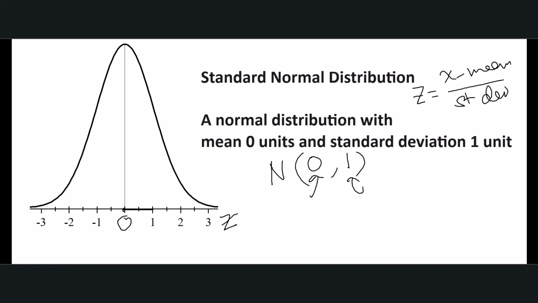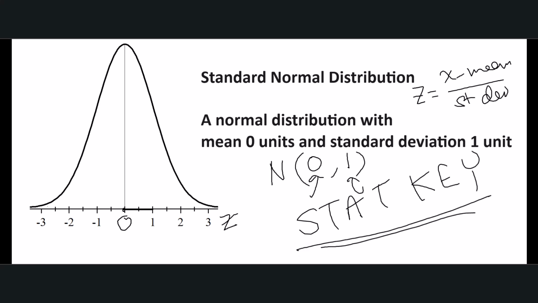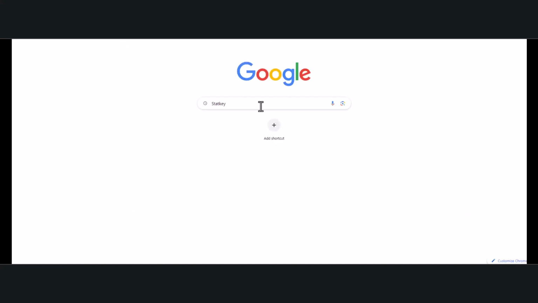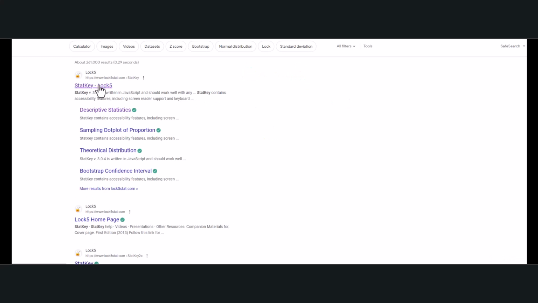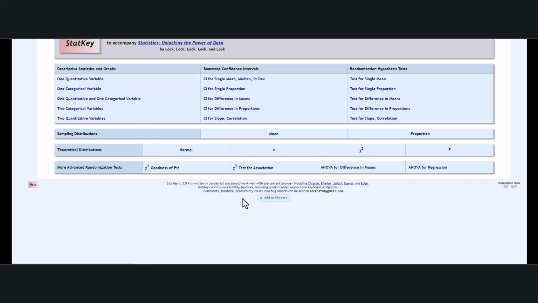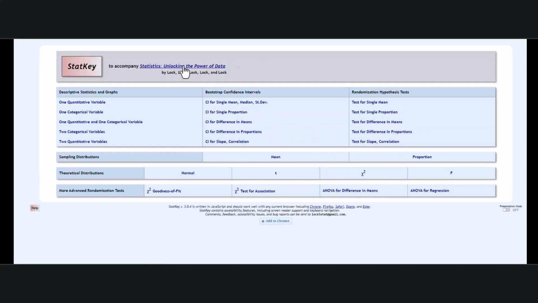Now we are going to do our normal curve area calculations by using this web-based free software called STATKEY. One way to obtain that is just go to STATKEY, and this is the STATKEY software. Now what you have is all these options.